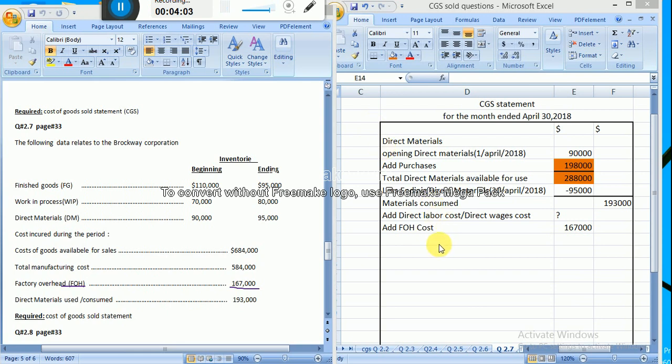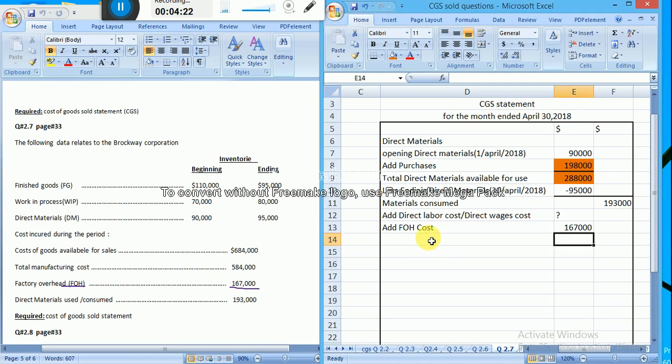Now, according to the formula, direct material cost plus direct labor cost plus factory overhead cost is called total manufacturing cost.